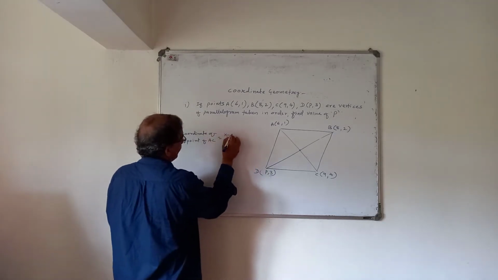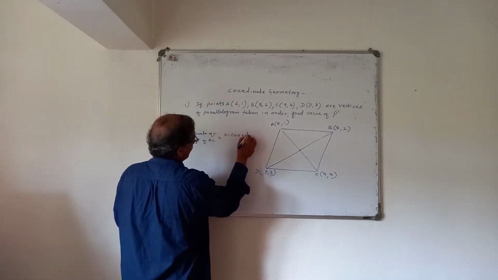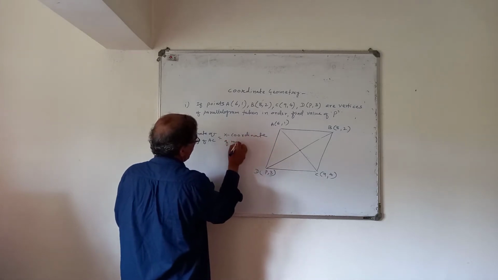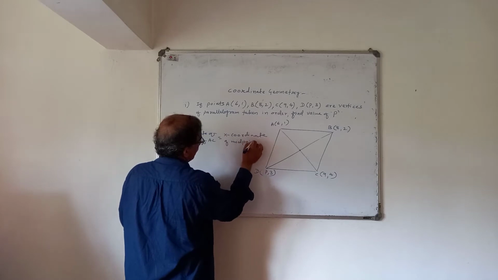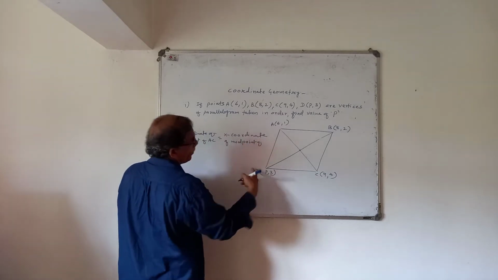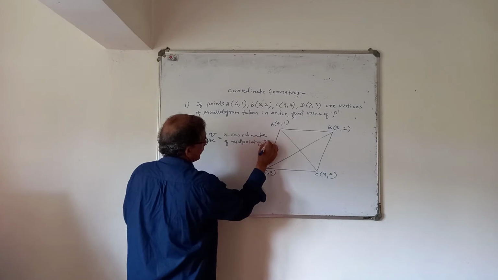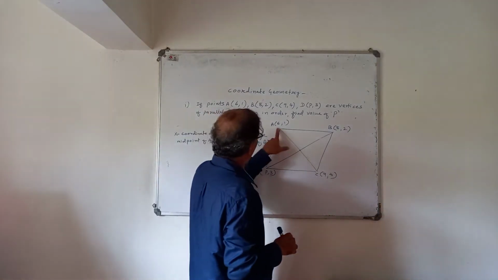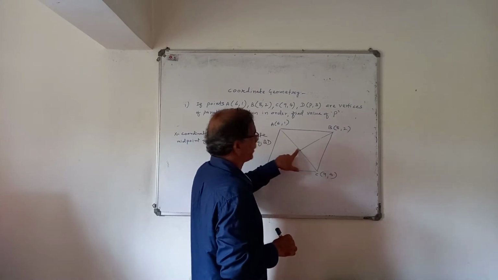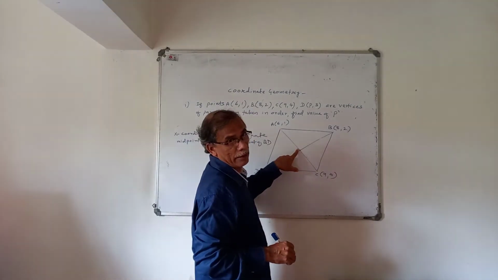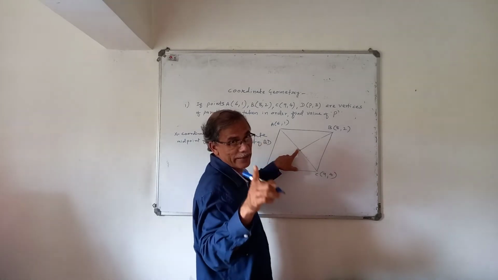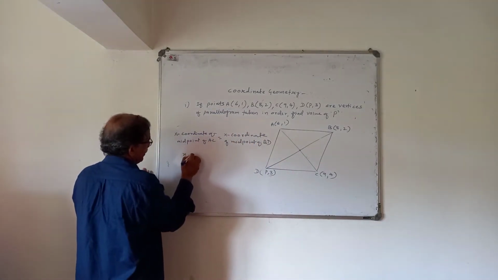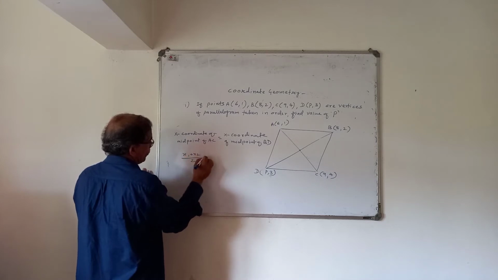The x coordinate of the midpoint of DB or BD. It will be the same, isn't it? Now, if you want to find the midpoint of this AC, how will you find it? What is the formula for the midpoint? The midpoint formula, x1 plus x2 upon 2.